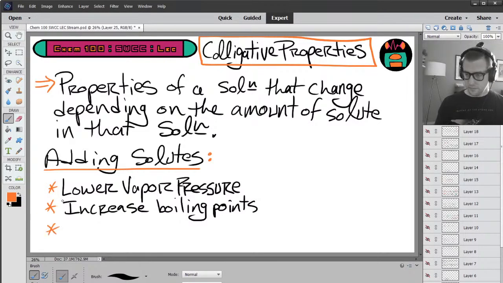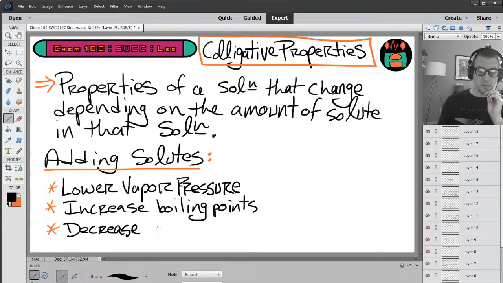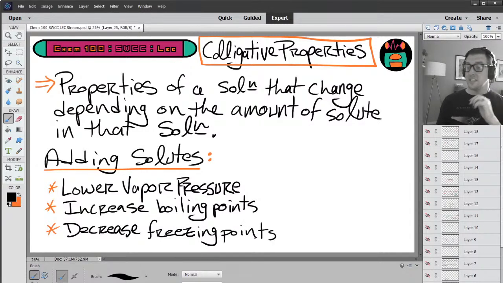Another colligative property would be freezing point. Adding a solute will decrease the freezing point. This is why, for example, if you've ever lived or driven somewhere that it snows, states in the Midwest will put salt on the roads.